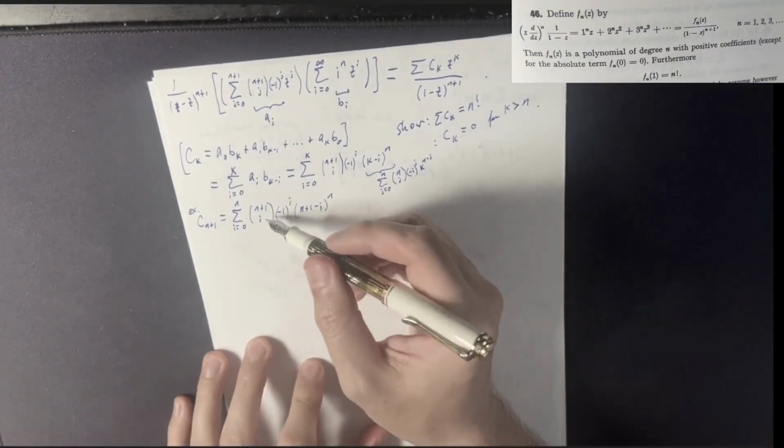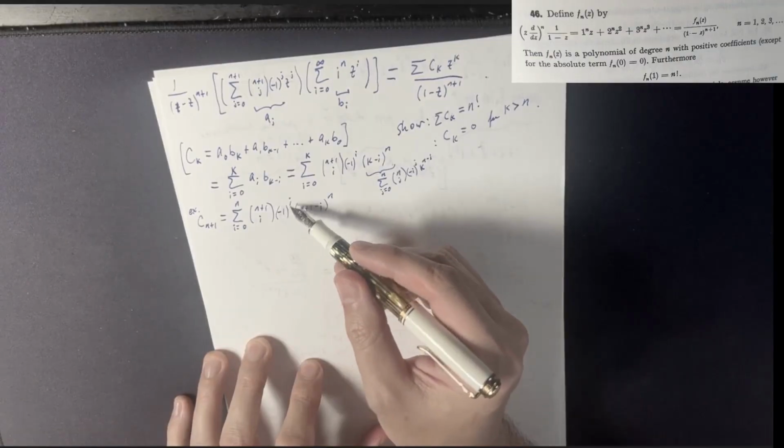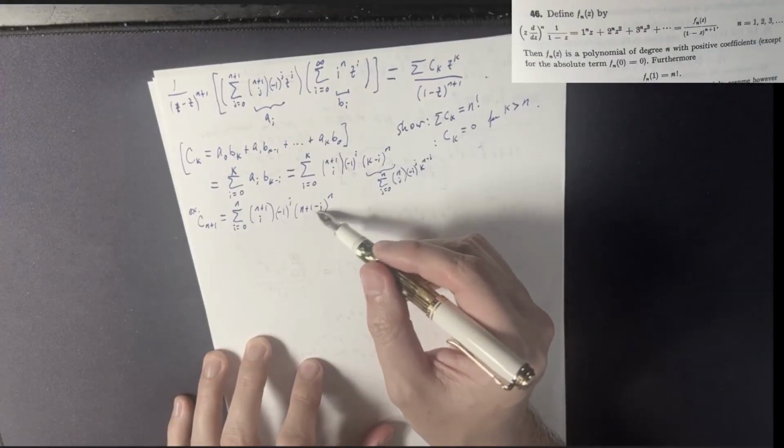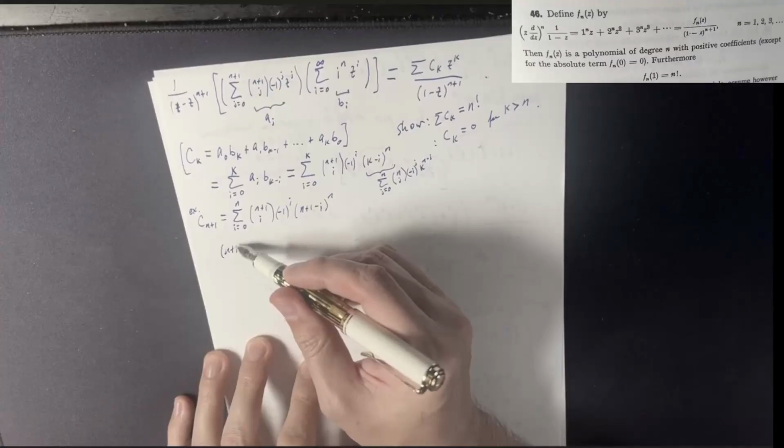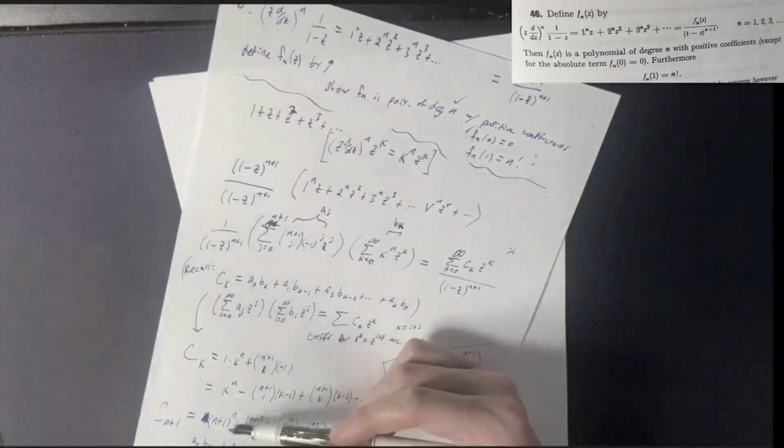Anyway, if you look back at this, you're getting 1, 1, and then this is 0, so you get n plus 1 to the n. Is that the same thing we started with in this? Yeah, it is.